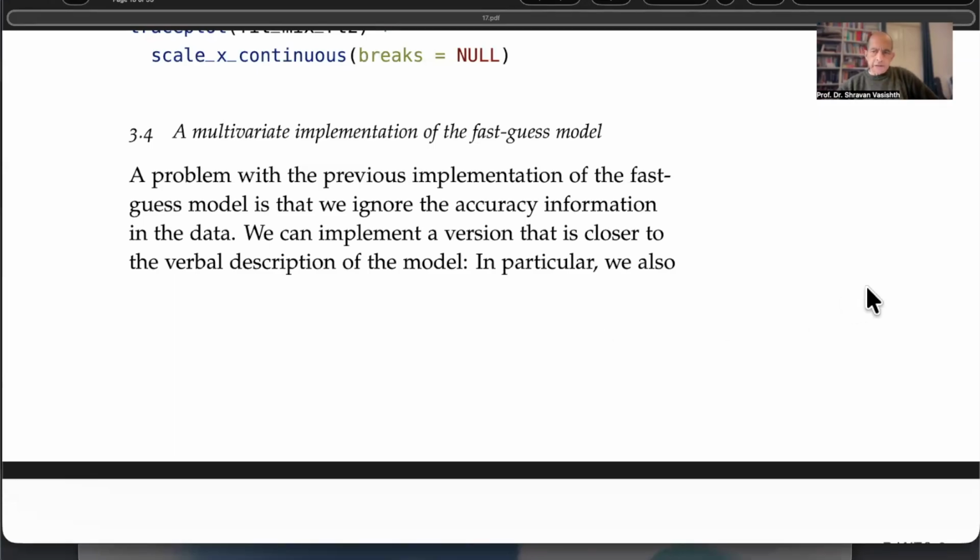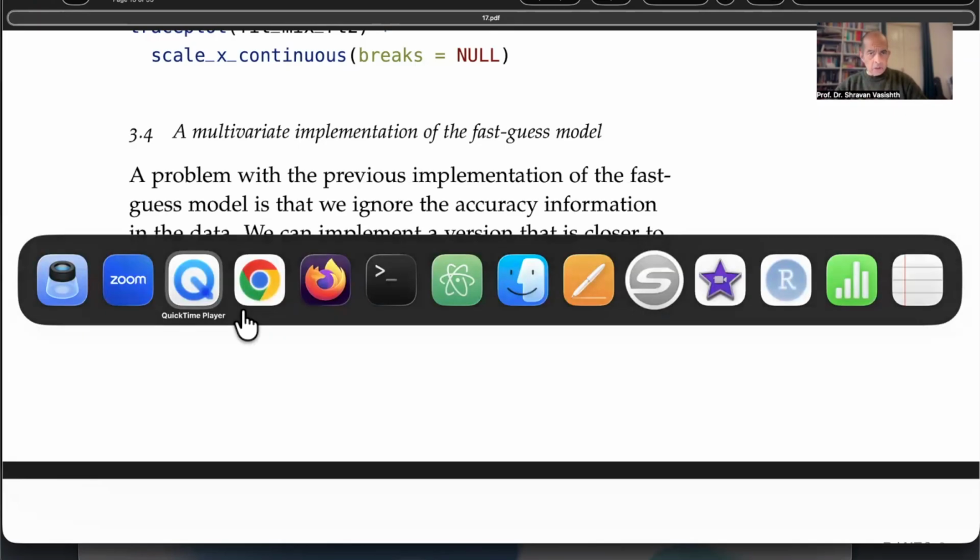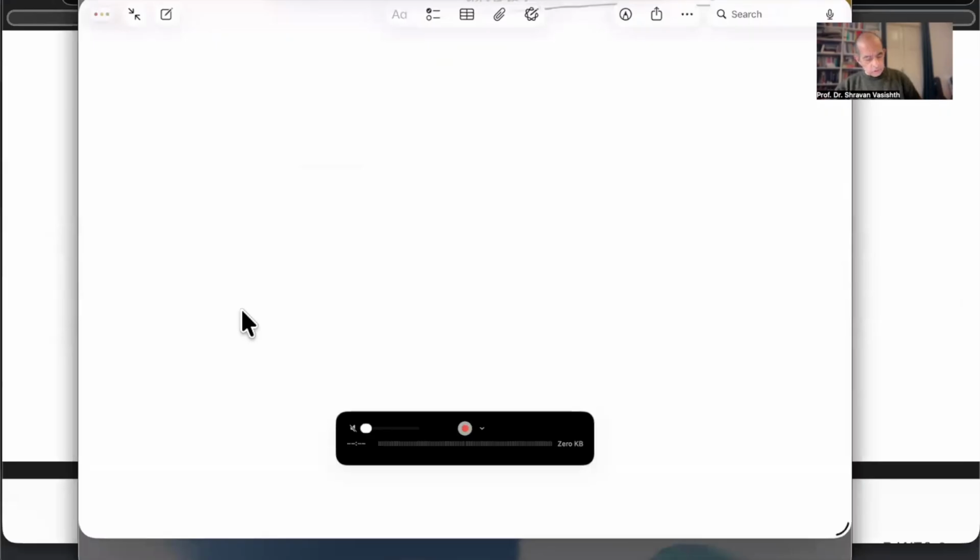In this part of the lecture, I'm going to walk you through the multivariate implementation that's discussed in the textbook. Before I start, I just want to clarify something about terminology, because this is a very frequent confusion that I see. There are two terms in statistics that are often confused.